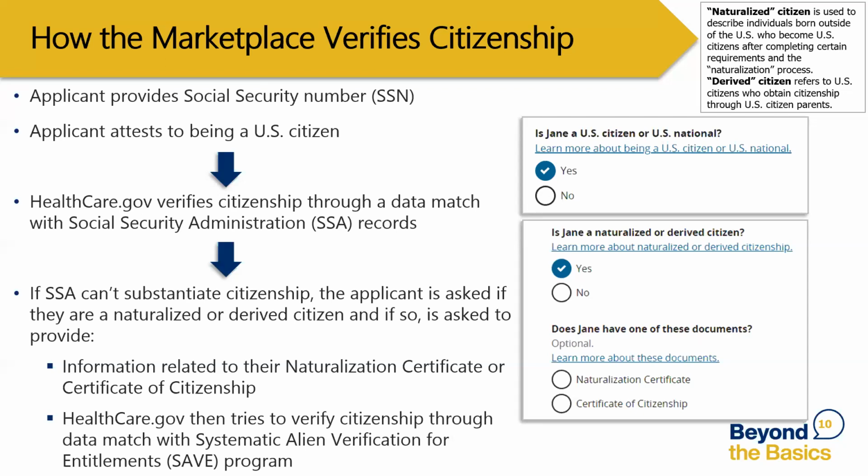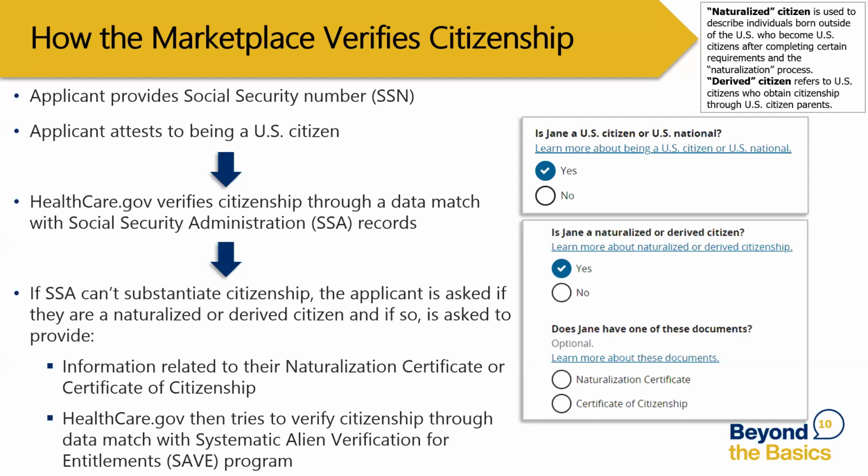Oftentimes, there are some people who have gone through the naturalization process to become US citizens that can be verified electronically, but a lot of people are going to hit a stumbling block, because the Social Security Administration isn't always going to know that they have changed their immigration status.